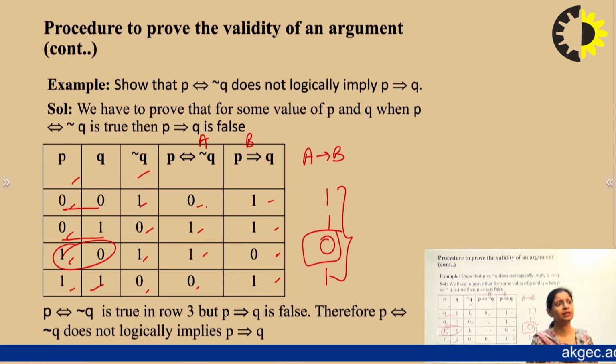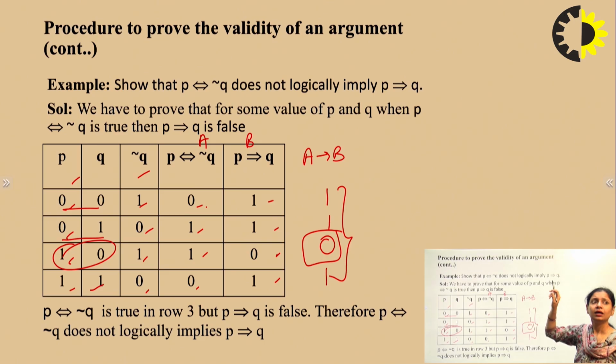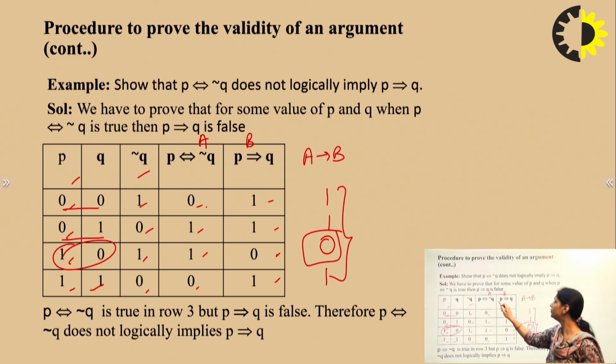Like in this example, we have P if and only if not Q. This is one proposition and this is the conclusion. So what we did, we calculated this value separately. Because this is the proposition and this is the conclusion, the proposition always implies the conclusion, so we calculated A implies B. We could have directly written it as P if and only if negation Q implies P implies Q, but that sometimes becomes confusing.